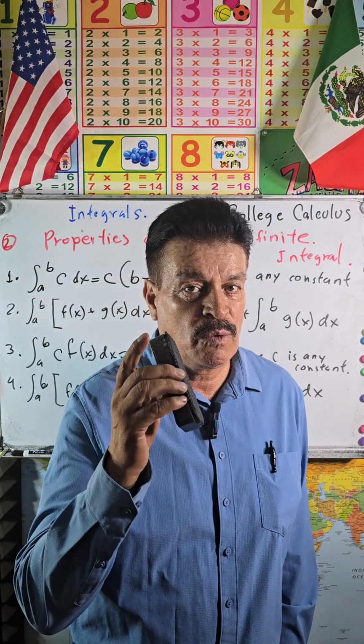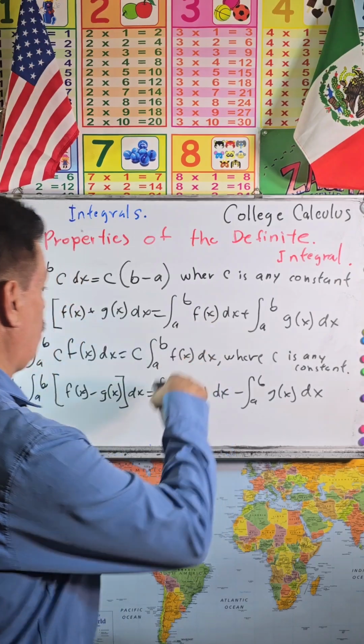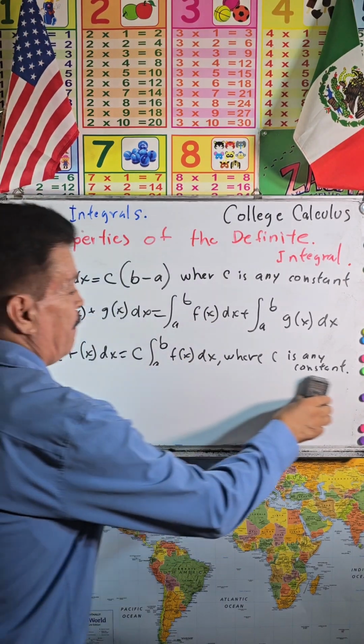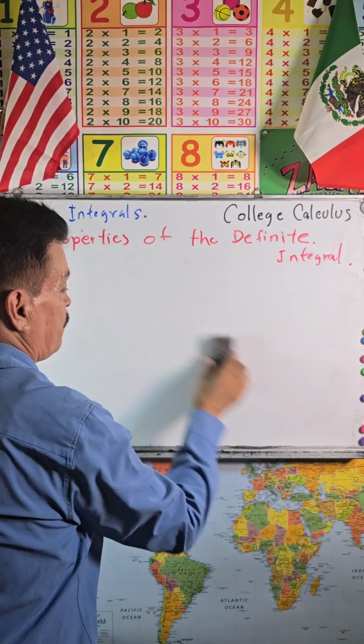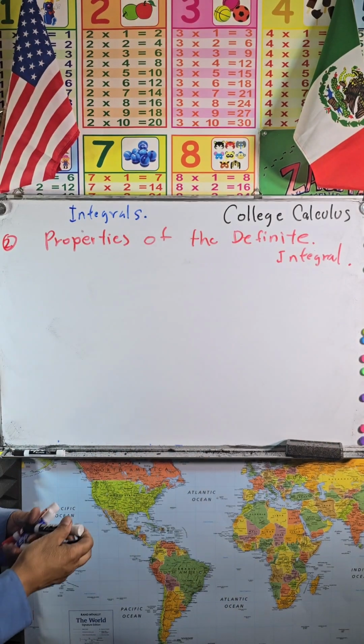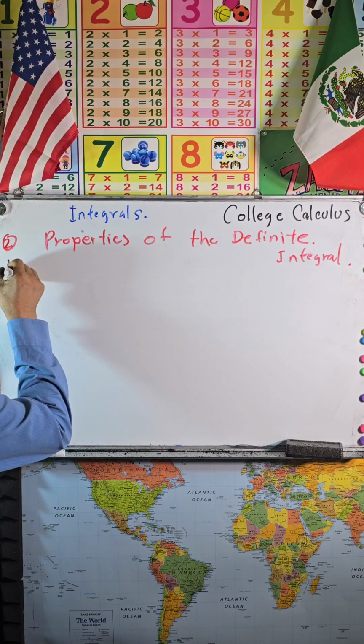So I will write two more properties. Okay, two more. But at this point, let me show you one problem. So, example.